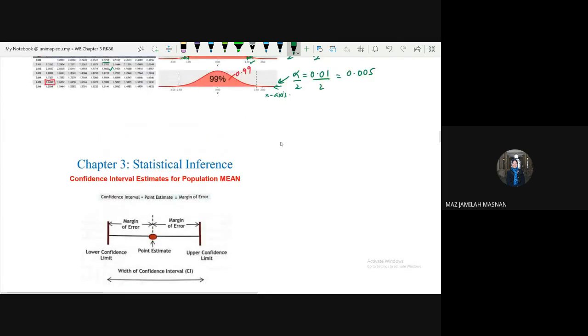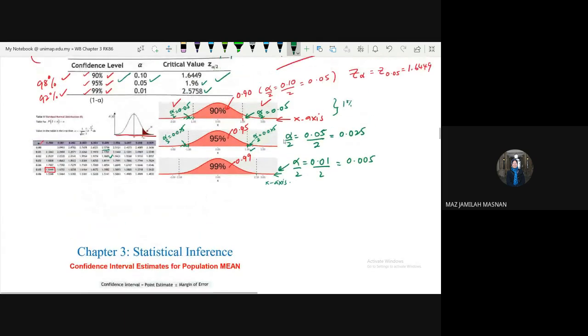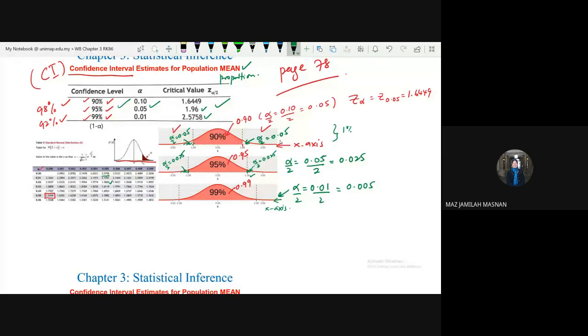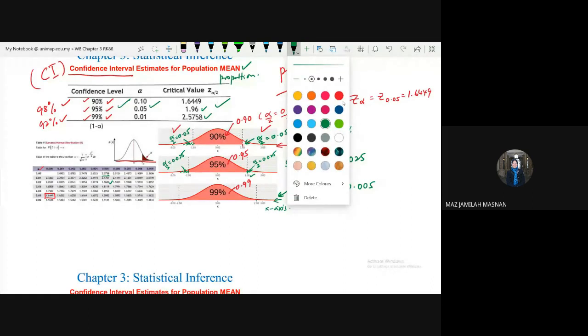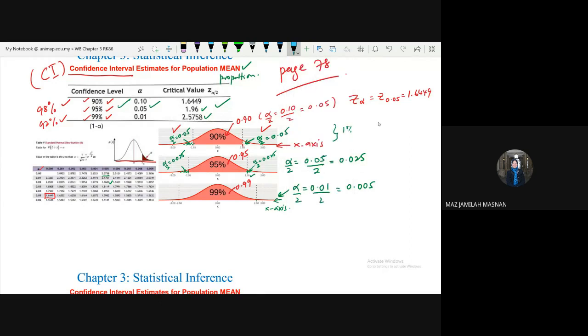Before I proceed, can someone comment on the confidence level and the interval? Or I will just summarize for you. If you can see from this red diagram, using my blue pen, for 90% your interval will be between these two values only.